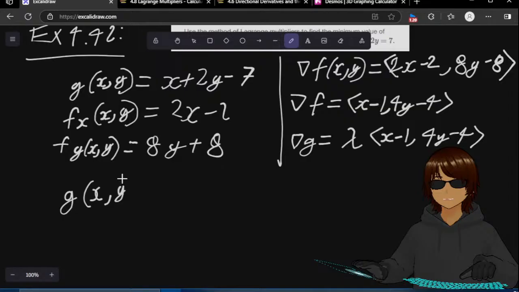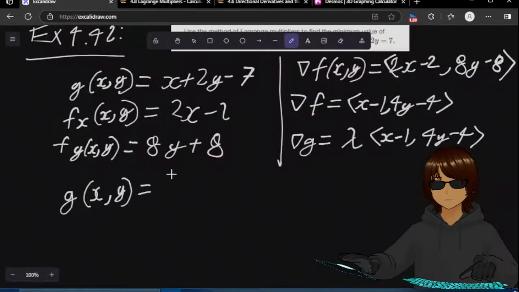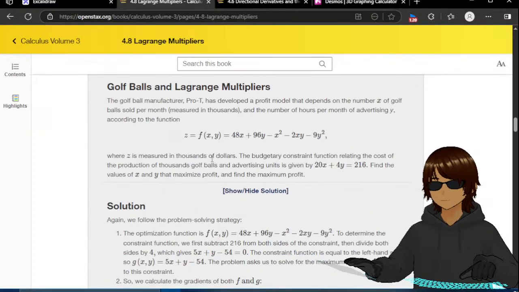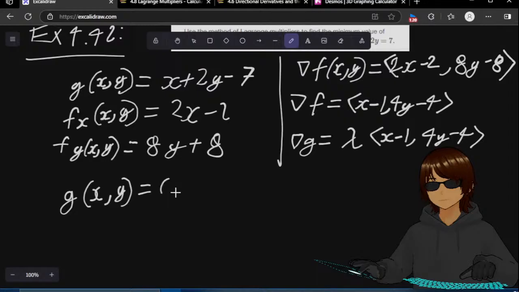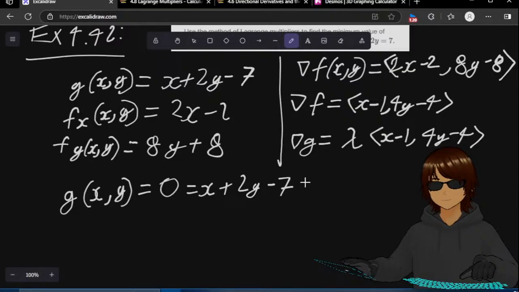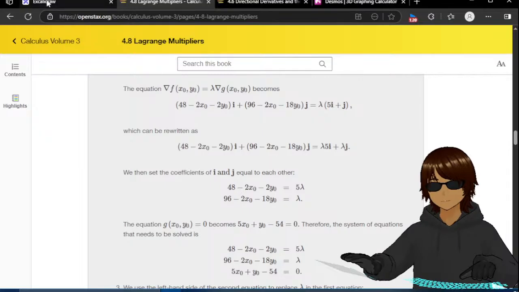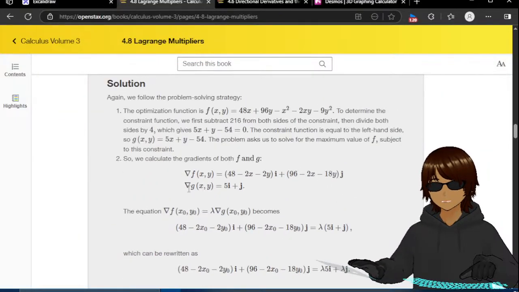Now we need to find where, I think this is 0. grad f.